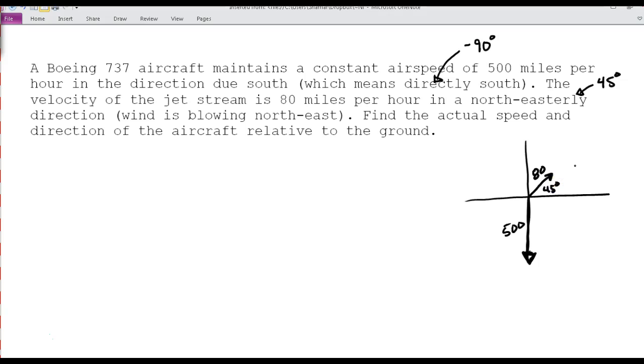And we want to find the actual speed and direction. So why don't you go ahead and give this a try. This is kind of review from the last section, so you should be able to do this. Basically, we're finding the resultant velocity and direction. So pause the video, and I will have a solution for you at the beginning of the next video so you can check. So we'll see you there.